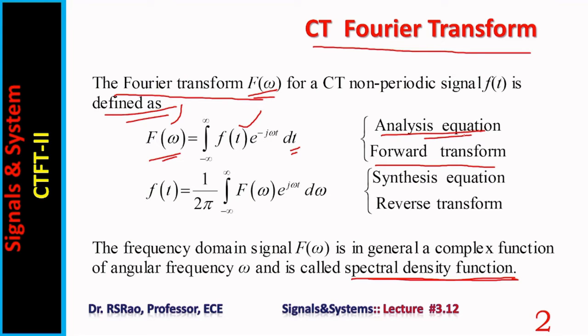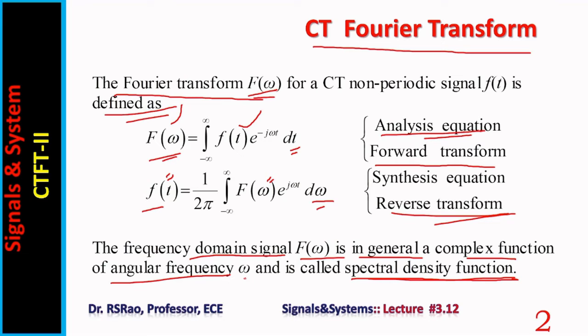Inverse transform is also there. It is called the reverse transform. It converts a signal in the frequency domain into a signal in the time domain. f of t is equal to 1 by 2 pi integral minus infinity to plus infinity F of omega e power j omega t d omega. The frequency domain signal F of omega is in general a complex function of angular frequency omega.